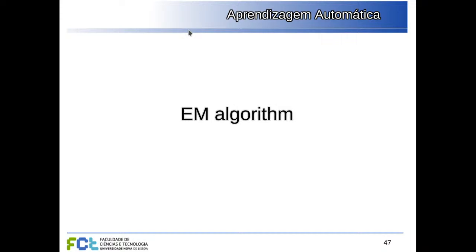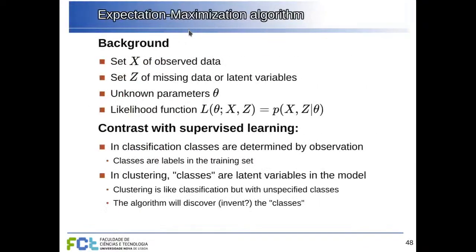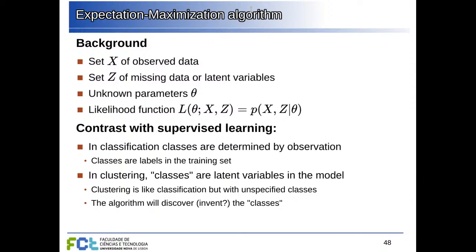So let's take a first look at this very important foundational algorithm for clustering and, in general, for unsupervised learning: the expectation maximization algorithm. Let's suppose that we have a set of observed data, which are the features of our examples. So this is the X. Remember, in supervised learning, we also had the class labels in classification, or in regression some continuous value that we wanted to predict, that we called Y. In this case, we don't have that.